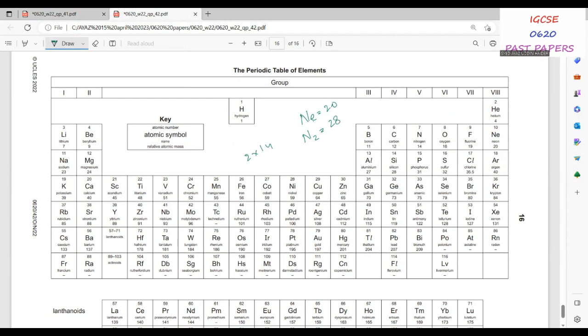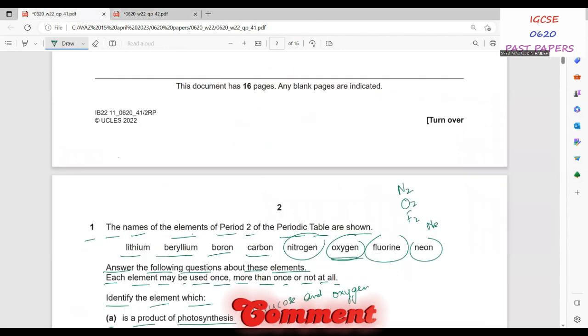Oxygen, O2, 2 multiplied by 16, 32. Fluorine F2, 2 multiplied by 19 should be 38. So neon will be the right answer for this. So we'll write neon.